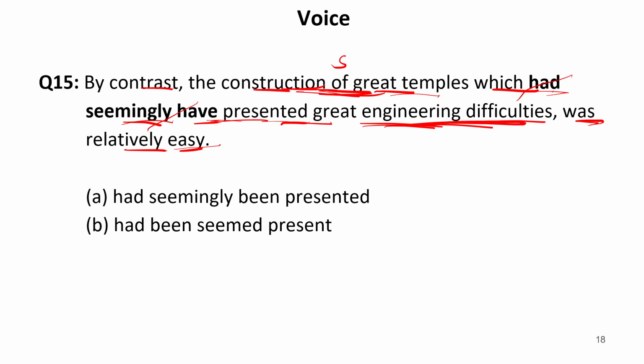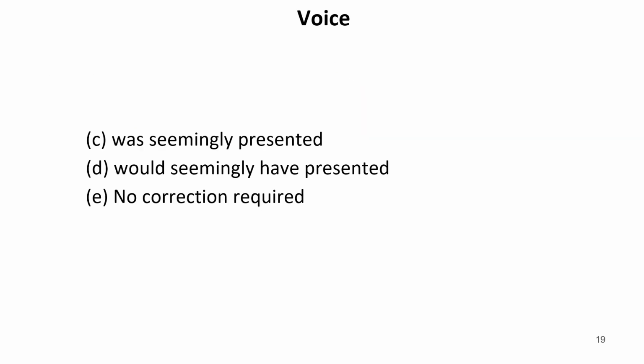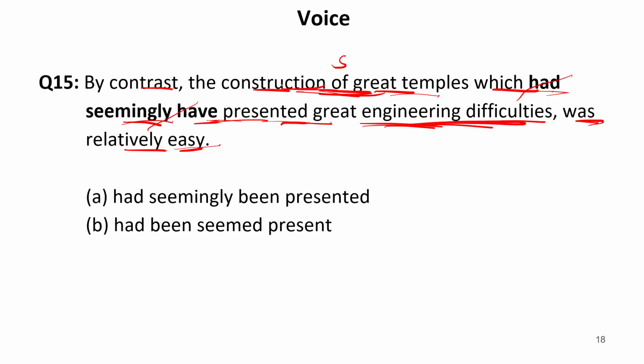Now let us see other options. If I write had seemingly been presented, had been seemed present. No, seemed present cannot come over here because seemingly is an adverb. Was seemingly presented, would seemingly have presented. So, if I see the sentence carefully, we have construction of great temples. This is subject.